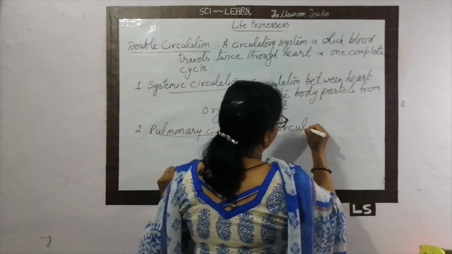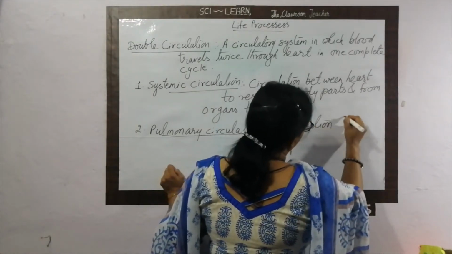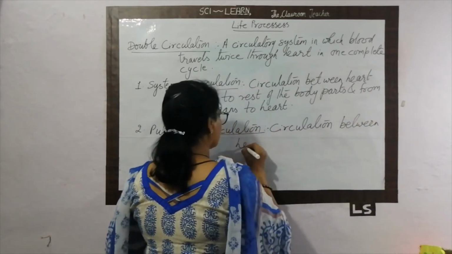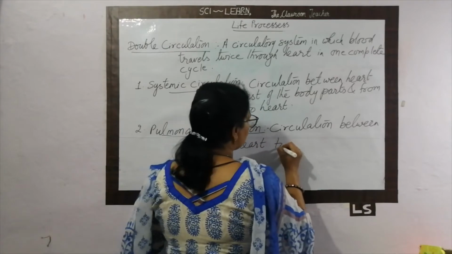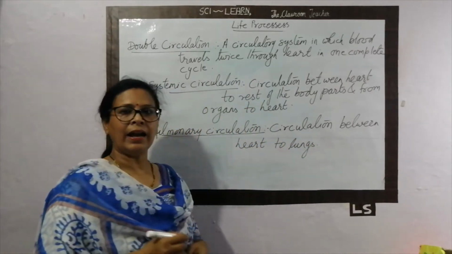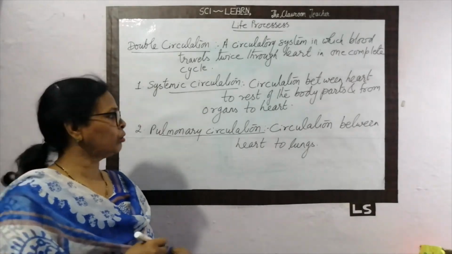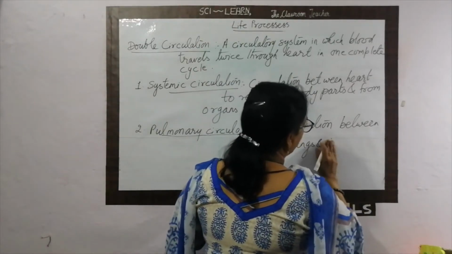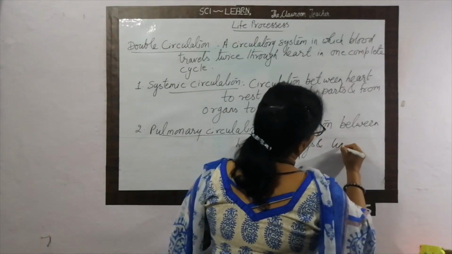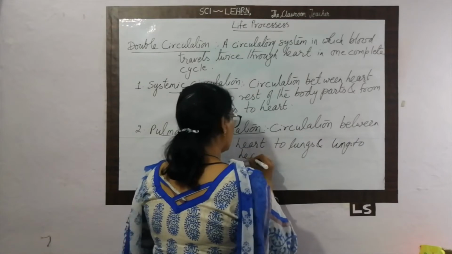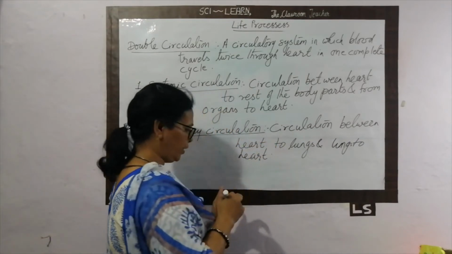Circulation between heart and lung. The heart transfers the blood to the lung, and the lungs transfer the blood back to the heart. Heart to lung and lung to heart. This is called pulmonary circulation.